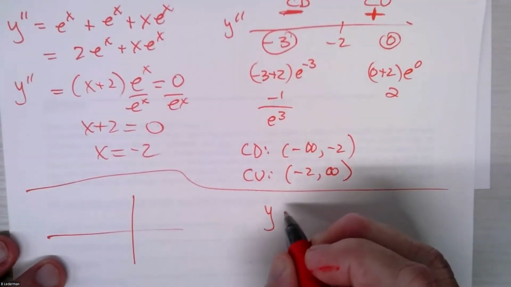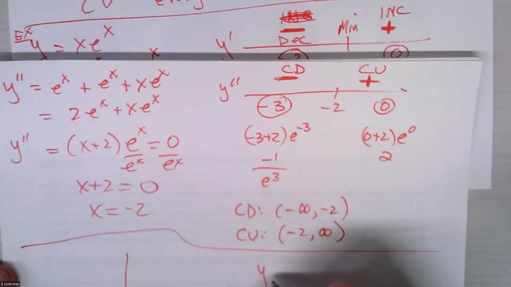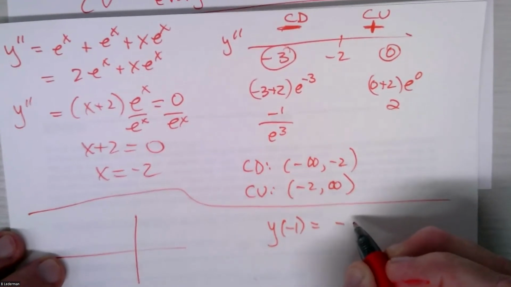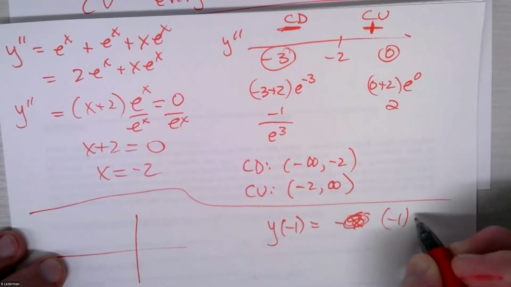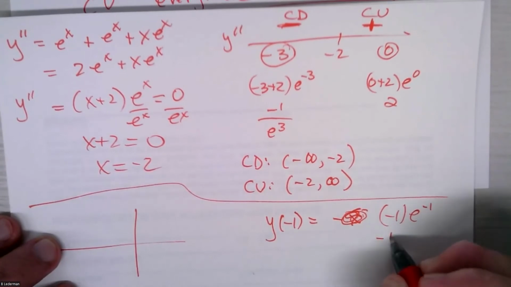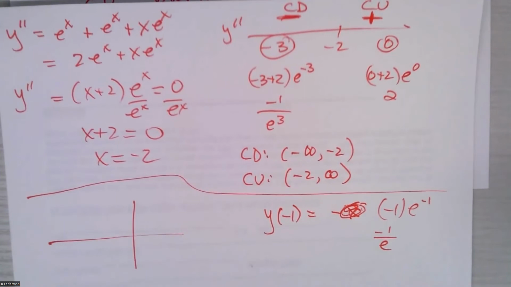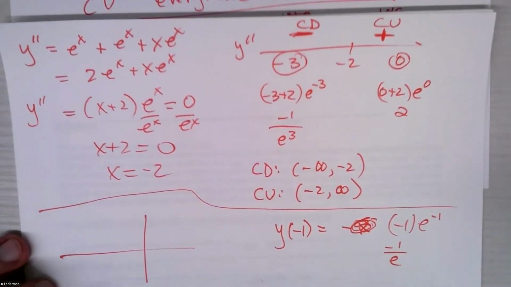So y of negative 1 is equal to negative 1 times e to the negative 1, which is negative 1 over e, which is a little more than negative a third.